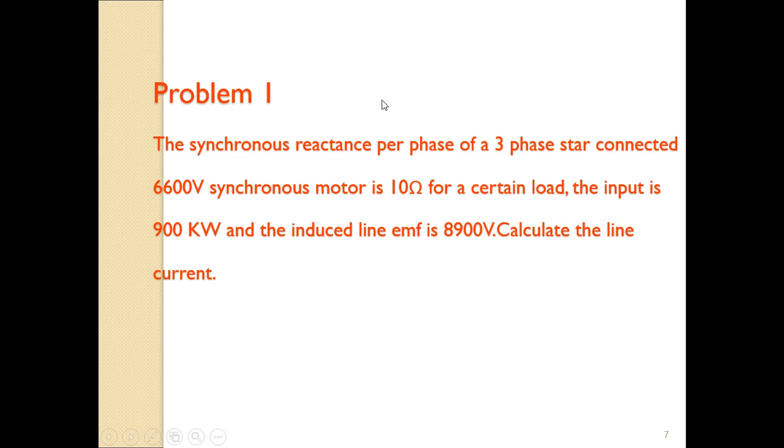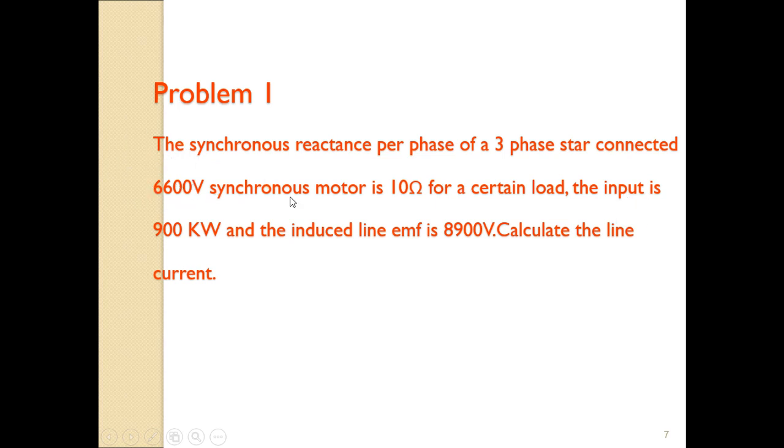So here, what is given? A synchronous reactance per phase, that is XS, of a three-phase star connected motor is 10 ohms, connected to 6,600 volts. This is the supply voltage, that is the line voltage.